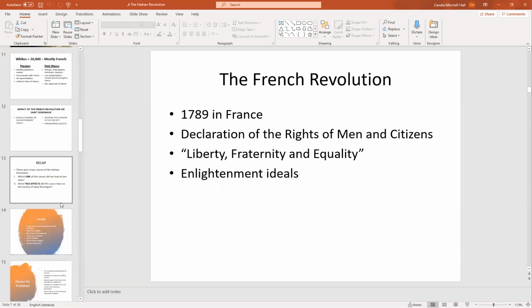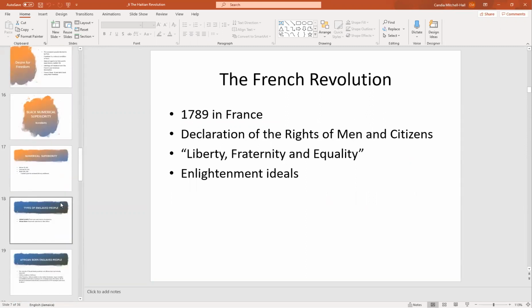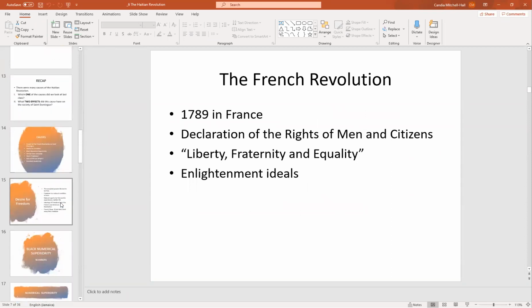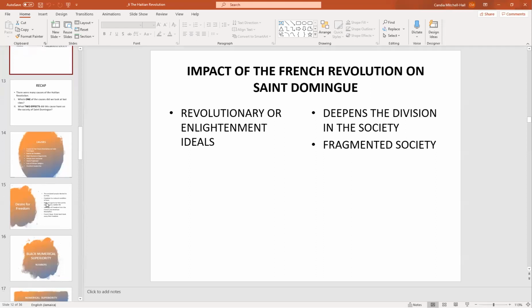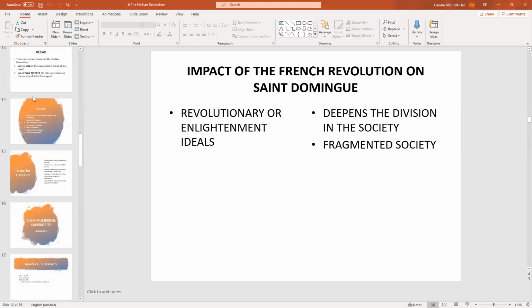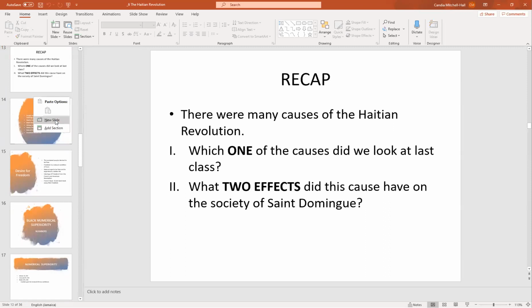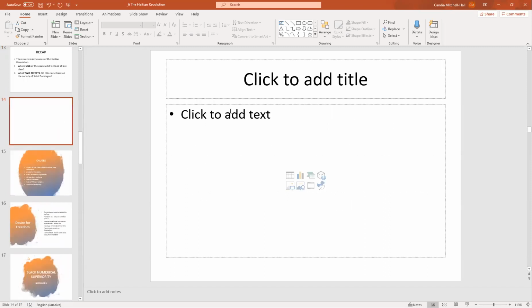How is it that each group is going to apply these? Before we go to that, the three groups in Saint-Domingue at this time would have been, the first group, the Grand Blancs and the Petit Blancs.